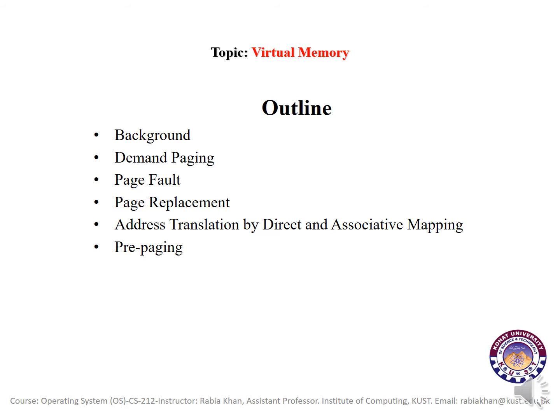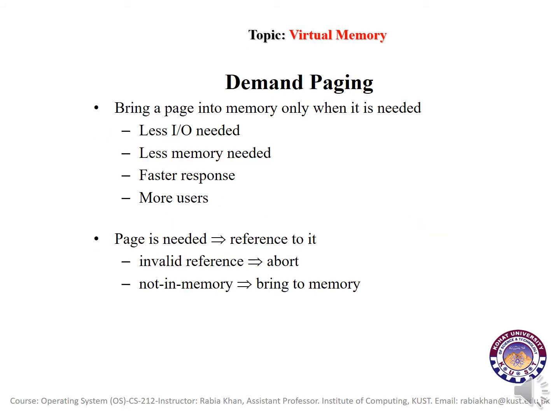Next, we will be moving towards demand paging. Let's see what is demand paging. As the name indicates, demanding a page, that means a page is loaded in RAM only when it is needed.